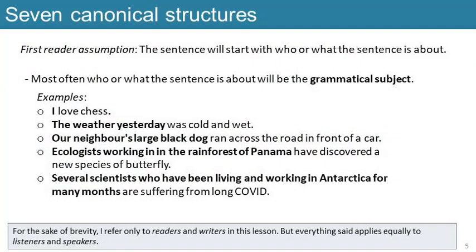These structures reflect the fundamental assumptions that readers have of how information will be presented to them, sentence by sentence. The first assumption is that the sentence will start with who or what the sentence is about. Most often, the who or what the sentence is about will be the grammatical subject, as in the examples on this slide.